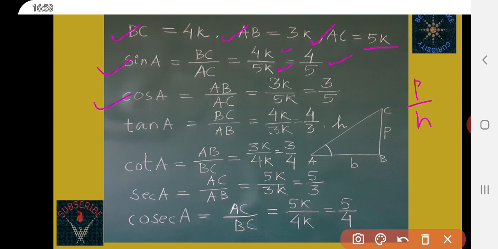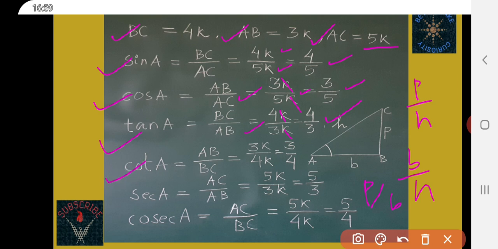Similarly, cos A is equal to, you know cos A is B by H. So B is here AB and H is your AC. So that is equal to 3K by 5K, K and K cancel, and you get 3 by 5. Tan A, BC by AB, that is P by B. So BC by AB, that is 4K by 3K, K cancel, 4 by 3.